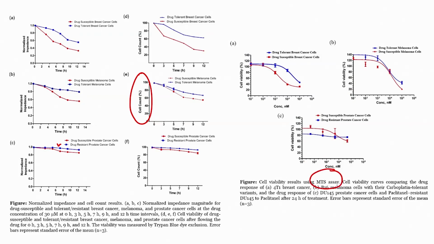So, when we perform cell viability, we can again see that there is a signature when the drug tolerant cells and drug susceptible cells are measured for different concentrations of drugs. As you increase the drug, the cells start dying.